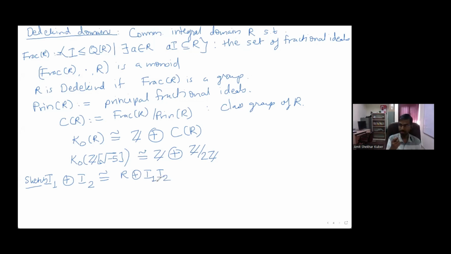I1 I2. For projective modules, they look like this. So finitely generated projective modules are all finite direct sums of fractional ideals, and for fractional ideals, we have this kind of simplification.